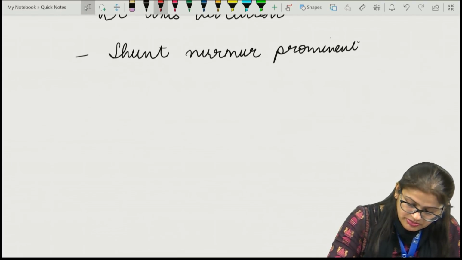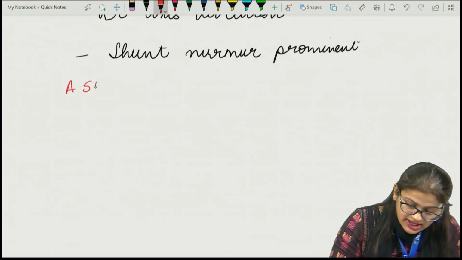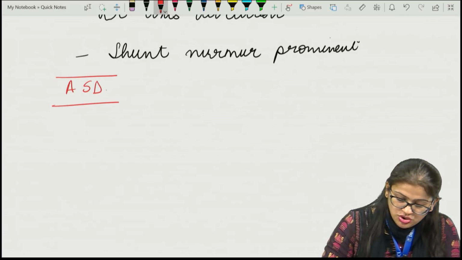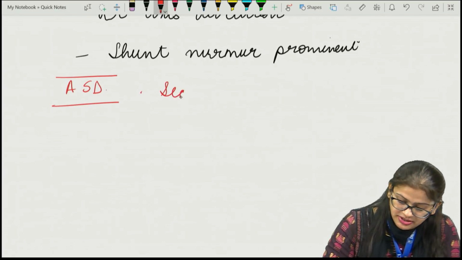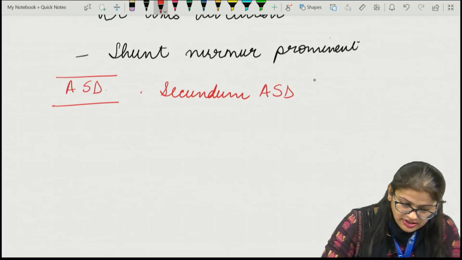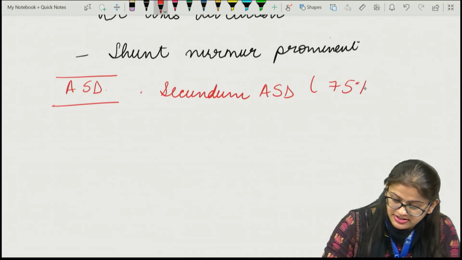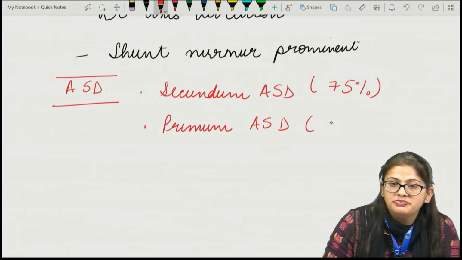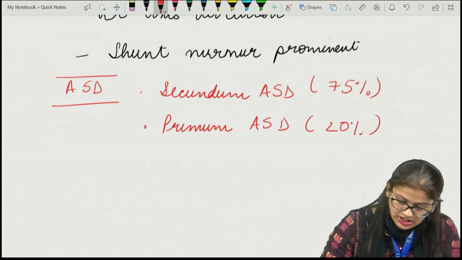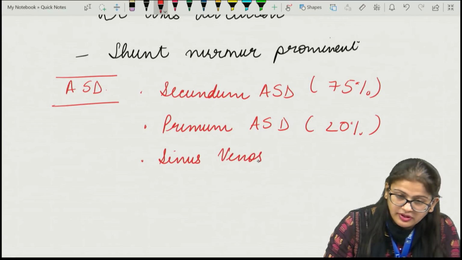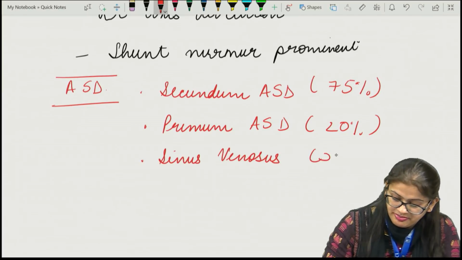So we'll talk a bit about ASD. ASD is classified according to its embryonic origin. Accordingly, ASD can be either secundum ASD, which is seen in 75% of cases. It can be a primum ASD, which is seen in almost 20% of patients. It can be a sinus venosus ASD, which is seen in 5% of patients.